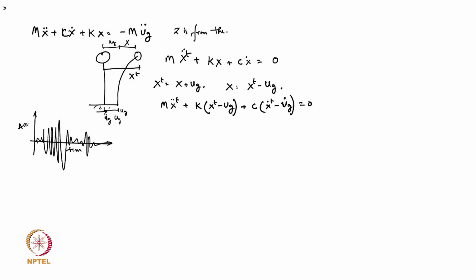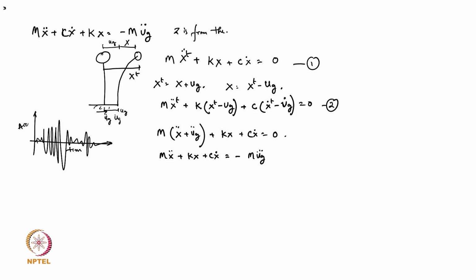Okay, so that is one way to write the equation of motion. Or else we can write m into x plus ug double dot plus kx plus cx dot equal to this. So I can write mx double dot plus kx plus cx dot equal to minus m ug double dot.